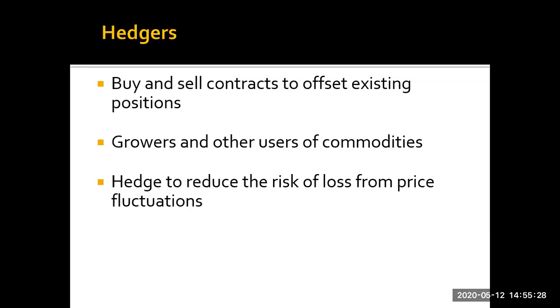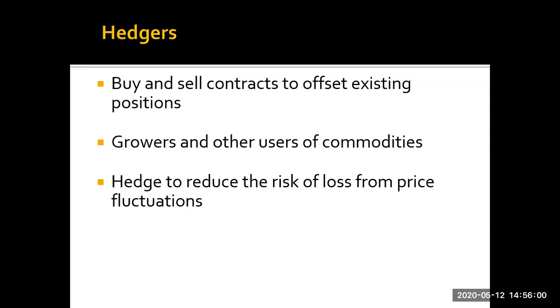On the other hand, growers oftentimes use futures contracts as well to ensure that they make a certain profit. So let's say you're a grower of corn, and corn sells for $5 a bushel. Right now it's selling for $5 a bushel, and that's good because corn has to sell for at least $4.50 a bushel in order for you to make money as a corn farmer.